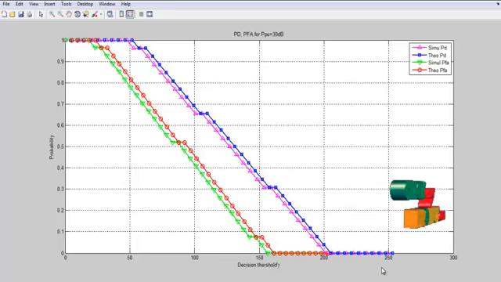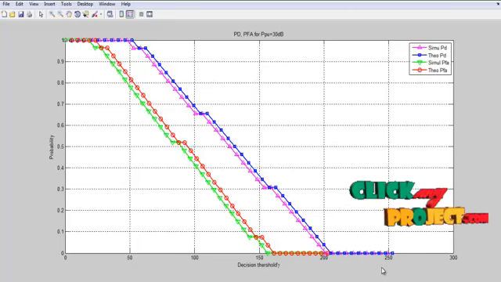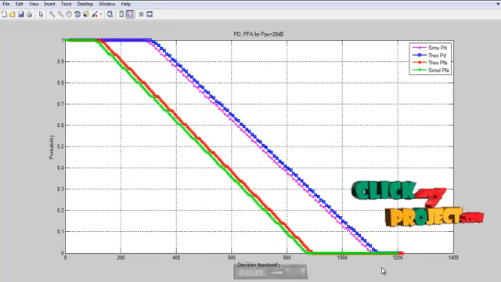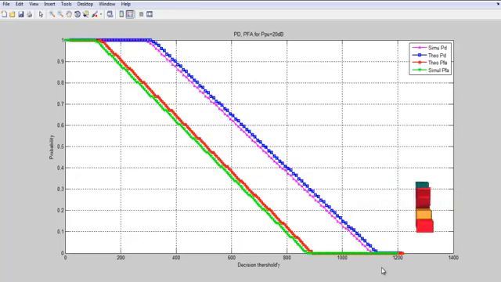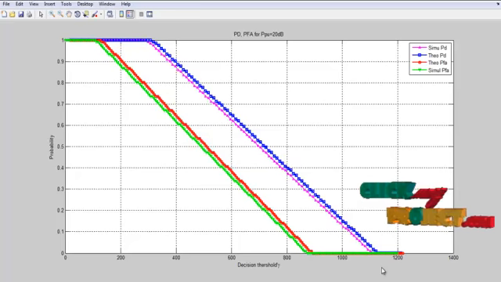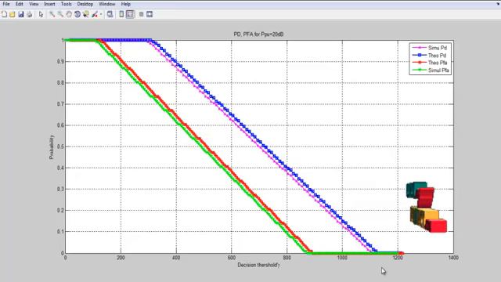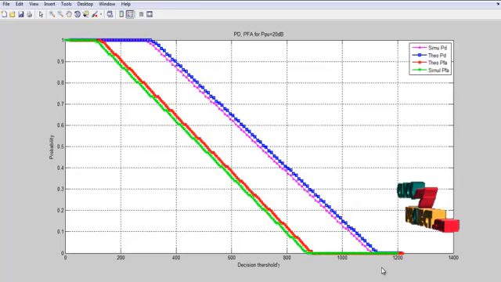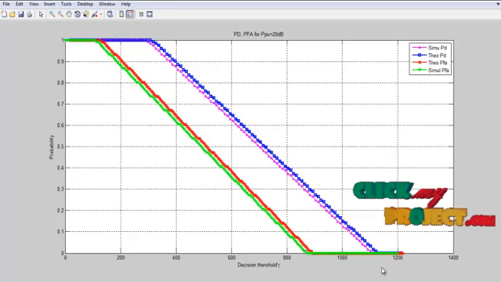From the graph, it is inferred that as the value of the decision threshold increases, the probability of detection and probability of false alarm values decrease. The next graph is plotted between probability of false alarm, probability of detection and decision threshold, with the transmission power of primary users equal to 20 dB.